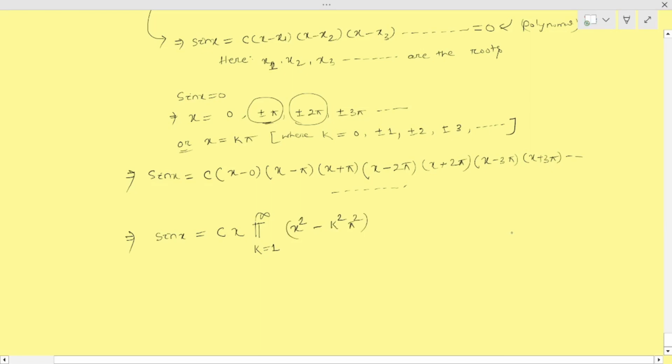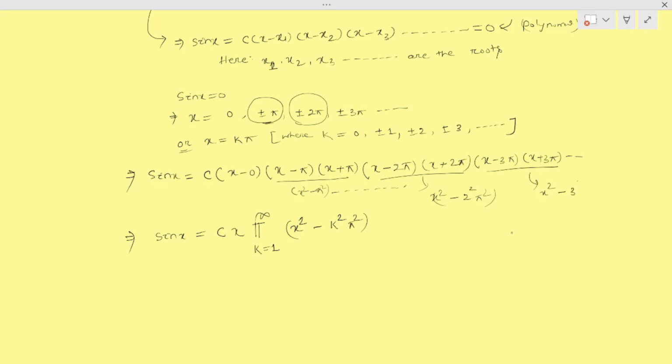Why have I written this? Here you can see (x minus pi) into (x plus pi) will be x square minus pi square. If I multiply the next two terms, it will be x square minus 2 square pi square. By multiplying the next two terms, we find x square minus 3 square pi square. So in general, we can write x square minus k square pi square, right?